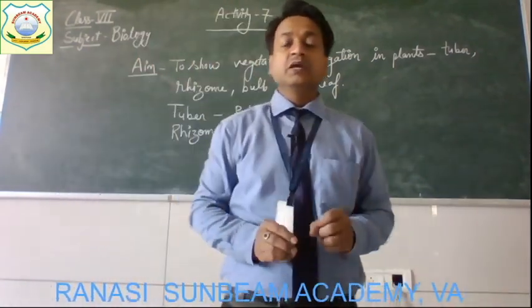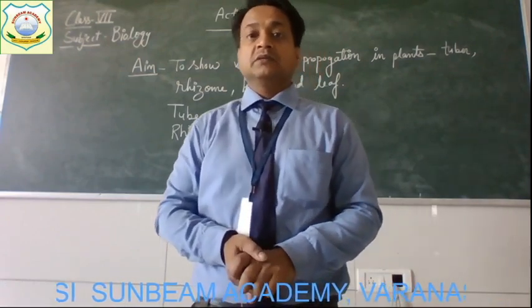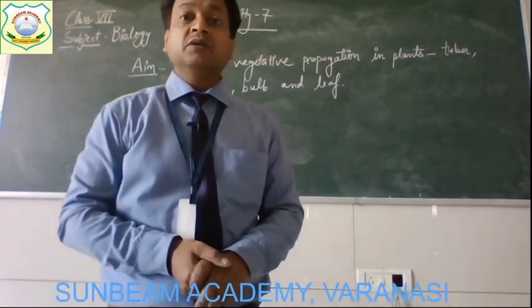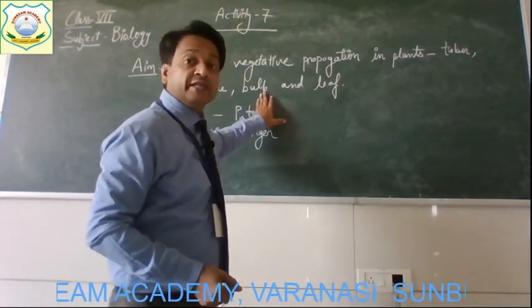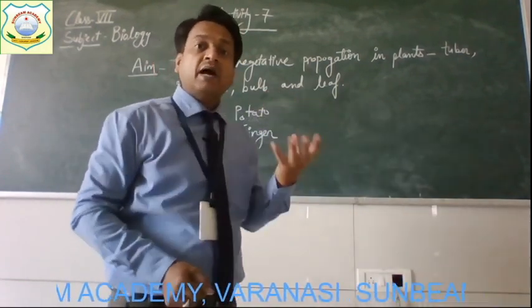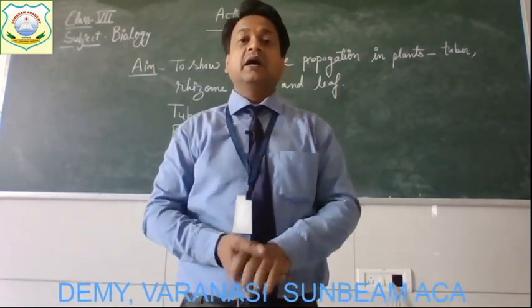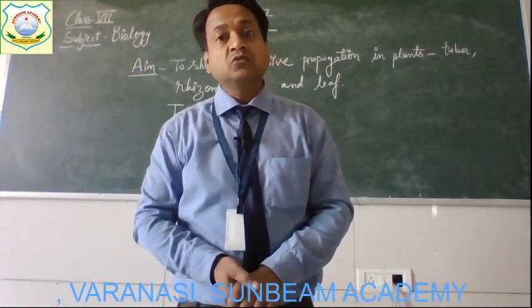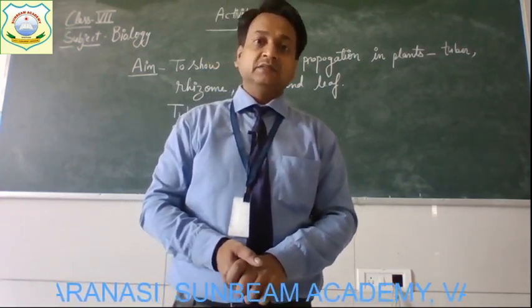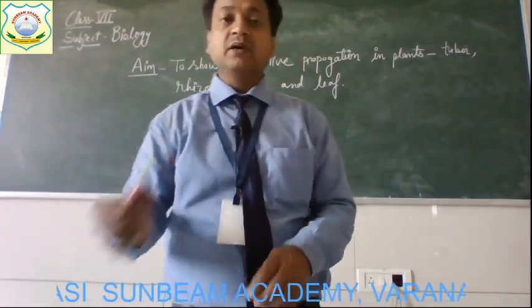Now the third vegetative reproduction that takes place from the stem, and the structure is known as bulb. Bulbs are also swollen parts of stems present underground, which produce new plants. The example of a bulb is onion. Here I have an onion.